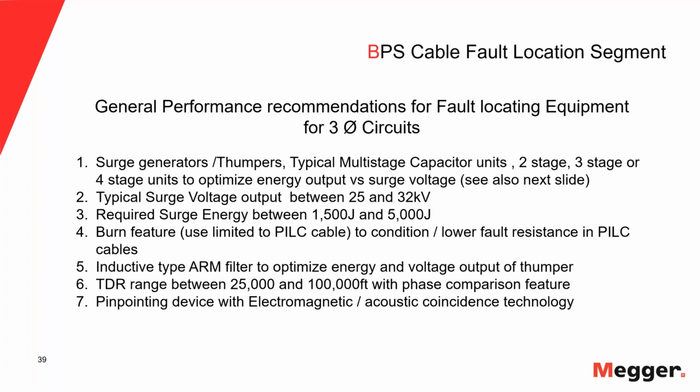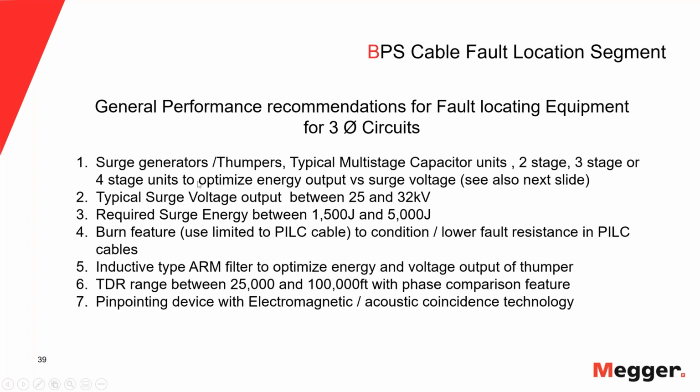Okay, so maybe as a finishing slide, these are general performance recommendations for fault locating equipment for three-phase circuits, whether industrial or network type systems. The surge generators, which are an essential part of any fault locating equipment, should preferably be multi-stage units, two-stage at least, 3 or 4 stage, depending.